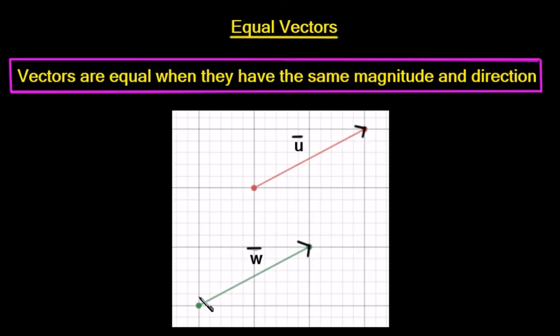This vector's up here and this vector is down here. But these vectors are equal because they've got the same direction and they've got the same magnitude. So they go along 2 and up 1. That's along 2 and up 1. So they've got the same magnitude and the same direction. Therefore these vectors are equal.